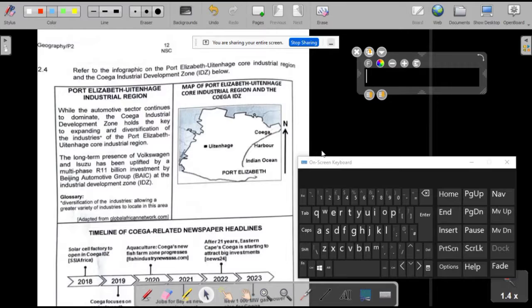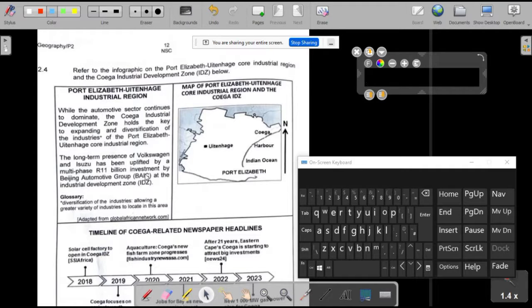So it wants to have more industries, not only the automotive. That's what this means. The long-term presence of Volkswagen and Isuzu has been uplifted by a multi-phase 11 billion, wow, investment by Beijing Automotive Group. Okay, so this is a Chinese company at the Industrial Development Zone.